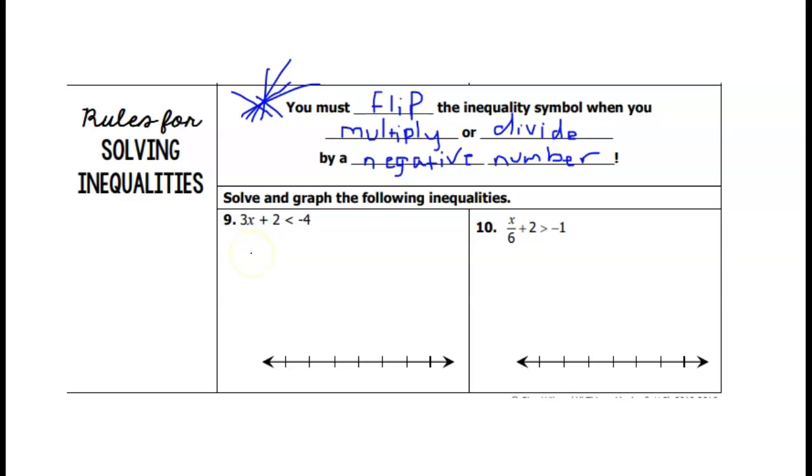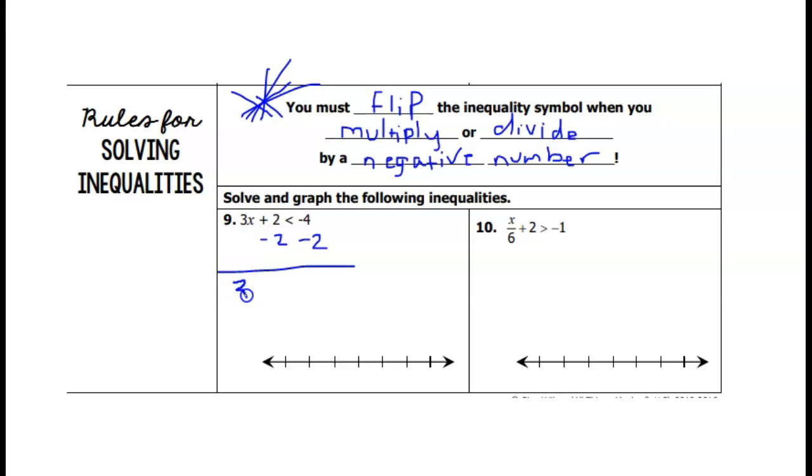Here we go. I see 3x plus 2 is less than -4. I'm going to get rid of the addition and subtraction first, like usual. I'm going to subtract 2 on both sides, and then carry everything down just like when working an equation.